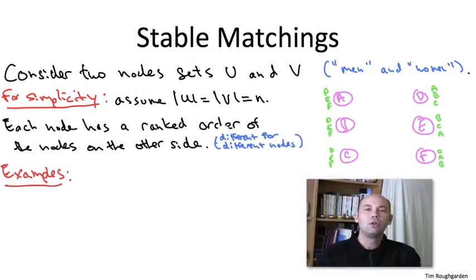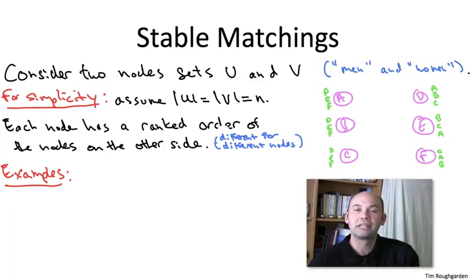So what might these nodes and these ranked lists represent? Well, imagine, for example, that one set is colleges and the other set is applicants, recent high school graduates. Each college has a ranking of the applicants based on things like test scores, grades, and the fit that student is for the college.